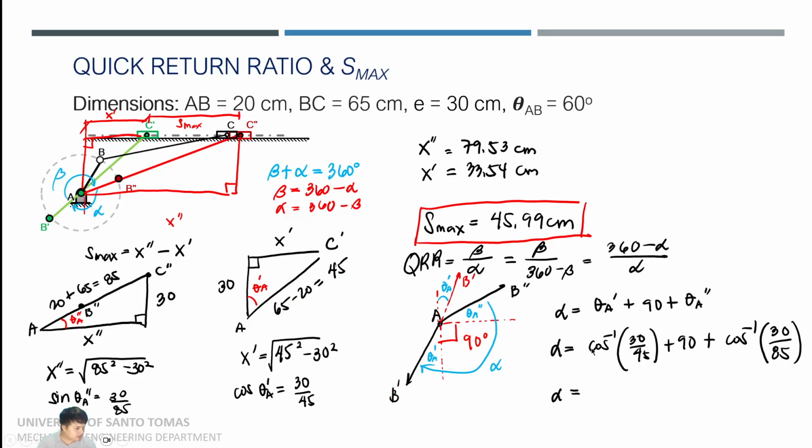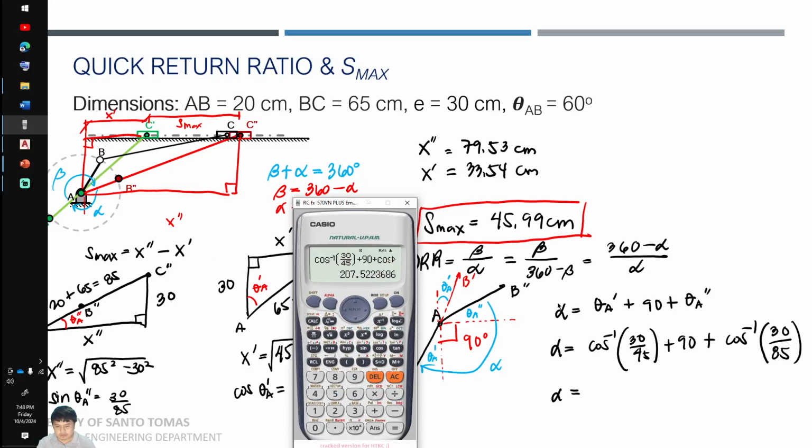Let me check this. I think we have made an error again. If we use cosine for both, it should be sine for this one. Okay, my bad. So we change this one. Shift sine, so you have 201.